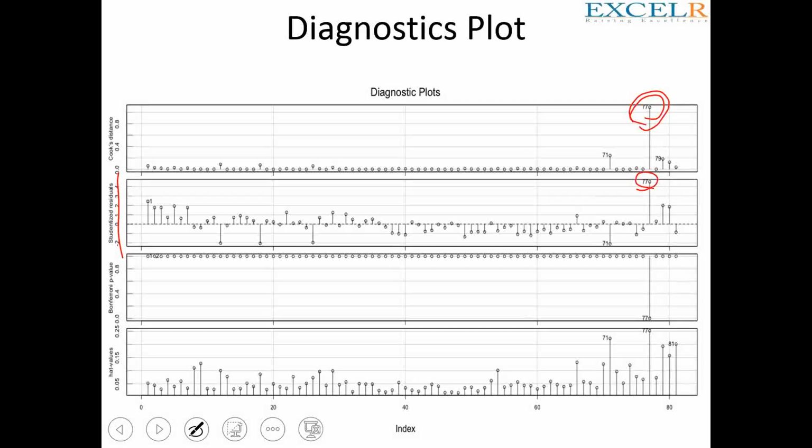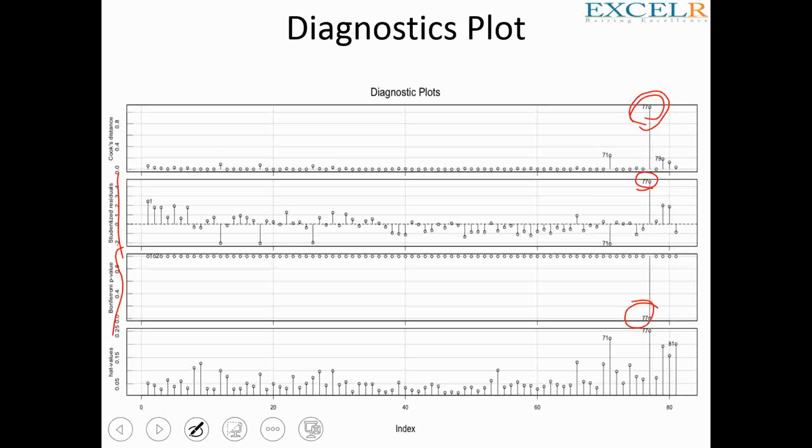And you have the Bonferroni p-value. Think about this as one of your hypothesis tests. Here also, if the p-value is less than 0.05, then that means it's significant. So 77 seems to be significant because it's less than 0.05, or it's very low there.